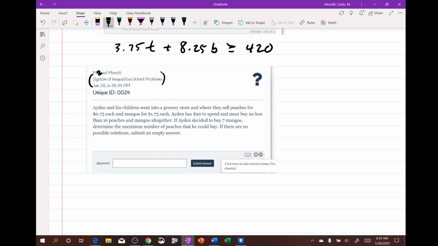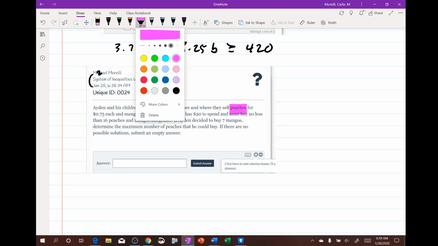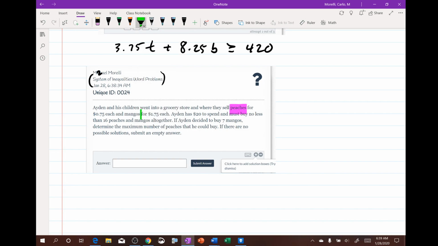Now, here's the deal. Let's read it. Aiden and his children went into a grocery store where they sell peaches. So we know that this is one of our variables, peaches. And they sell those for 75 cents each, and they sell mangoes for $1.75.